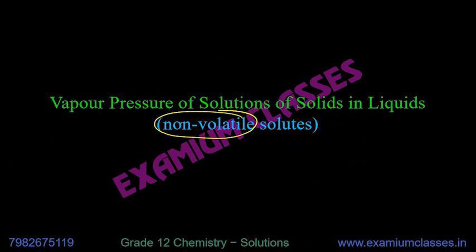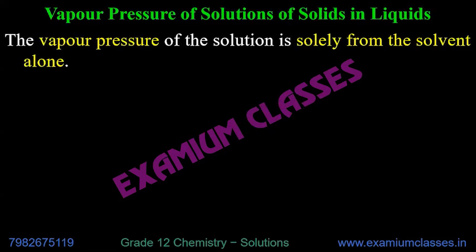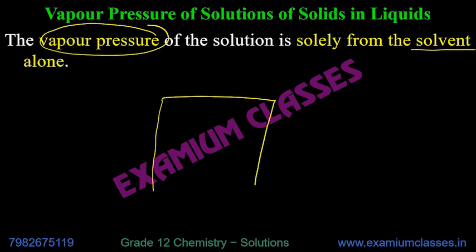Next, vapor pressure of solutions of solids in liquids, non-volatile solute. So the vapor pressure of the solution is solely from the solvent. Vapor pressure is because the solvent can get vaporized. So suppose I have only water.